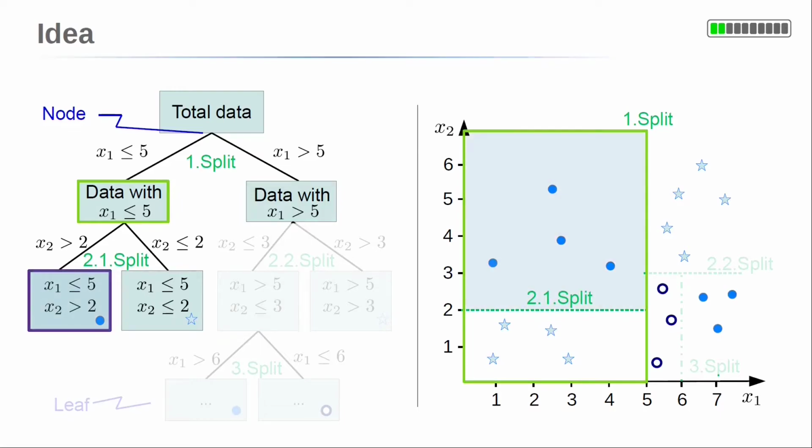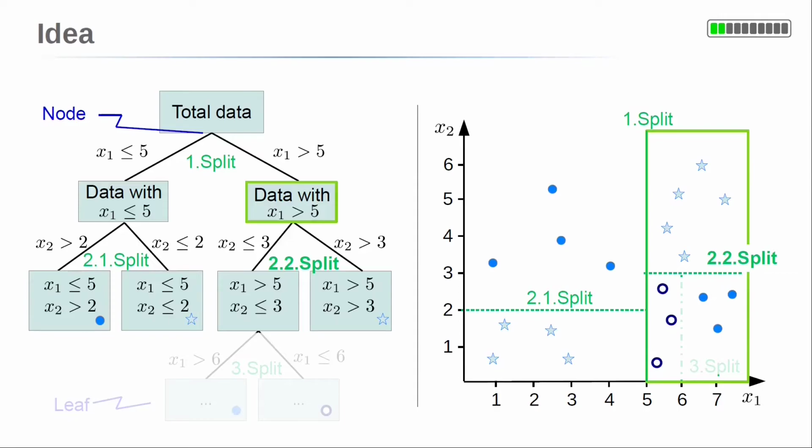If a data point's x1 value is less than 5 and its x2 value is greater than 2, it belongs to the class of the light blue dots. If the data point's x1 value is less than or equal to 5 and x2 is less than or equal to 2, it belongs to the class of the blue stars.